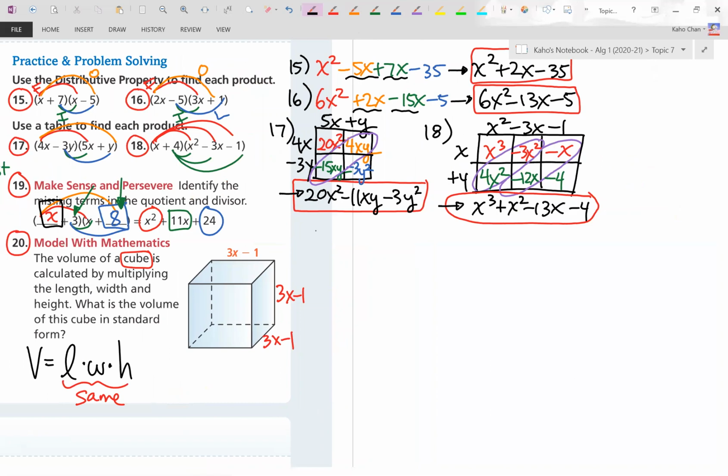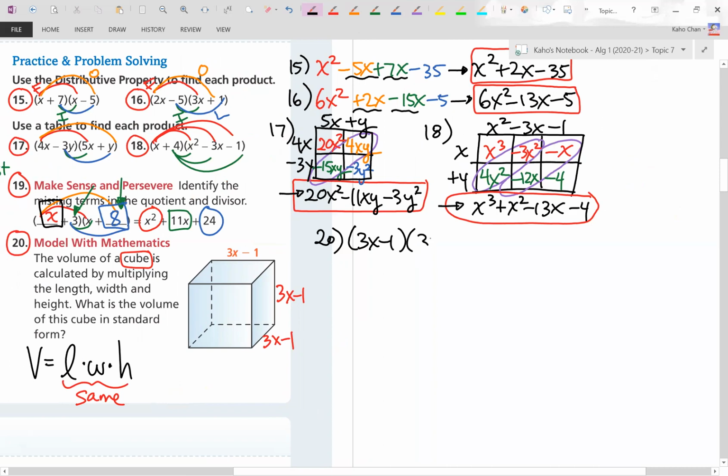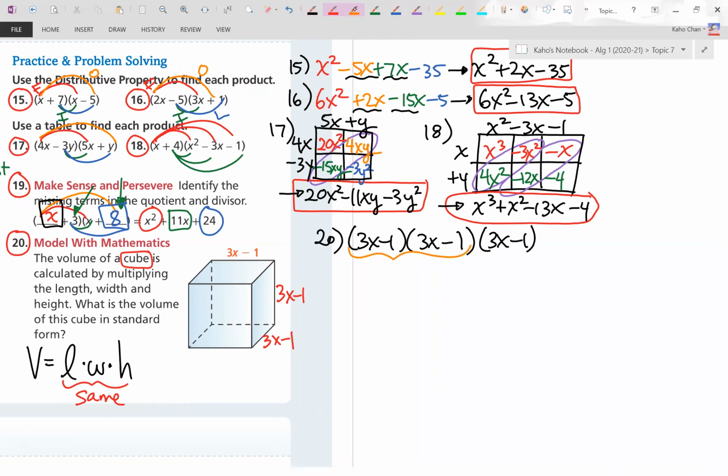Number 20. We're going to take a side of the cube and multiply by itself 3 times. Okay? So I'll just concentrate on 2 of them at a time. 3x times 3x is 9x squared. Outer terms are next. 3x times -1.